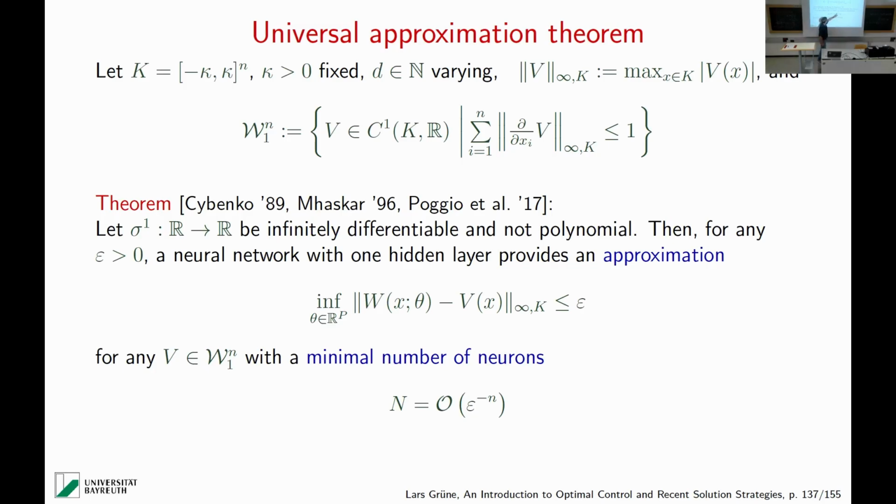I give an arbitrary V from that space. We can always find a theta such that the network approximates this V in the infinity norm up to some epsilon accuracy. Okay, that's the statement.